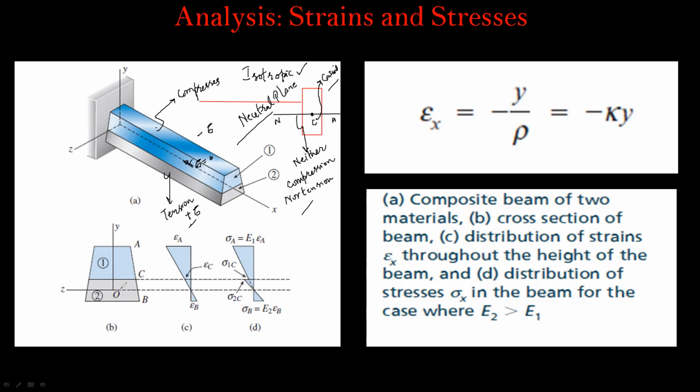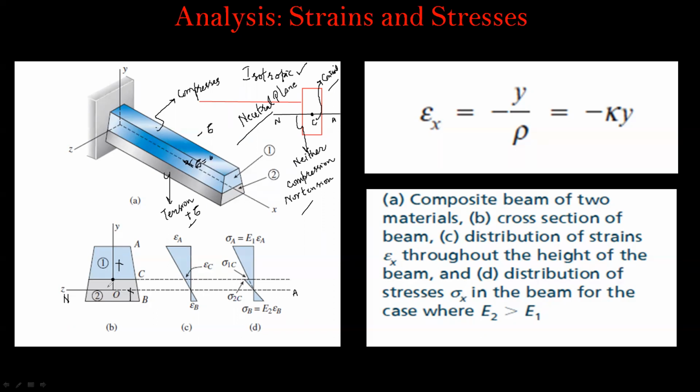The neutral axis here does not pass through the centroid, because you are having material 1 here, you are having material 2 here. Let's assume that this z axis is our neutral axis. This is an assumption. Let's assume this axis to be our neutral axis, and let's assume that this point is the centroidal point of this beam.